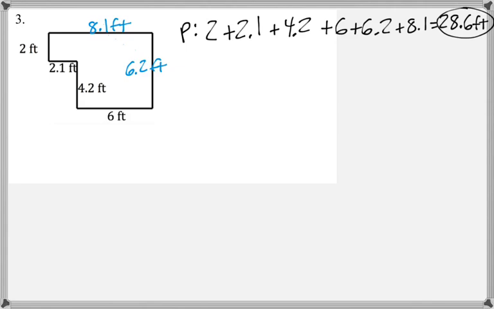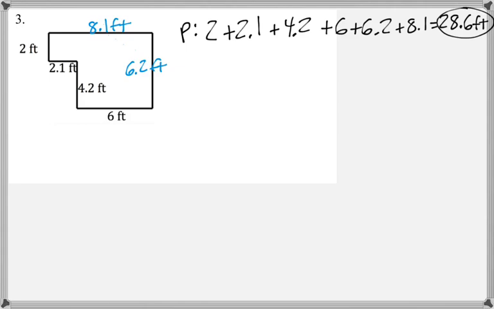So they also want us to find the area, which is the inside. And we know the formula for the area of a rectangle, but this is not a rectangle. So what we're going to actually do is split this up into two different shapes, or two different rectangles.